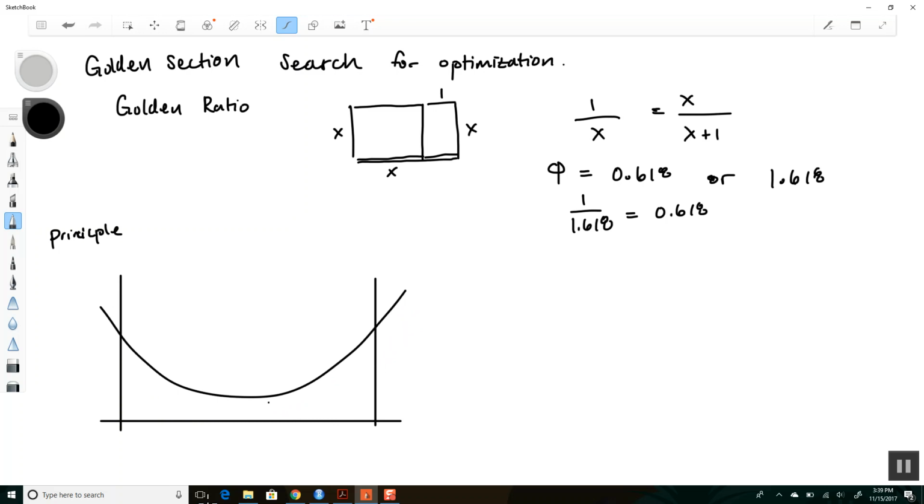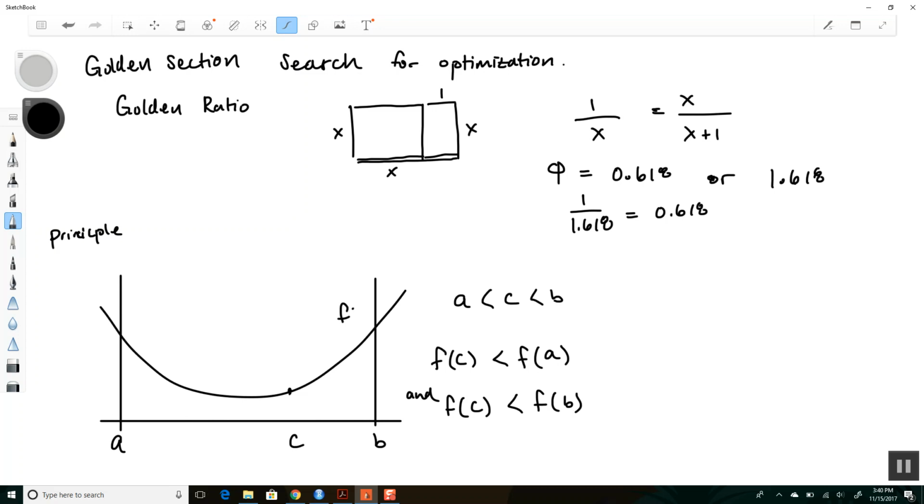If we have some value, if we got a bracket A, B, and C, okay, and C is in between A and B, and the key here is that the function at location C is less than the function at location A, and the function at location C is less than the function at location B. Right?